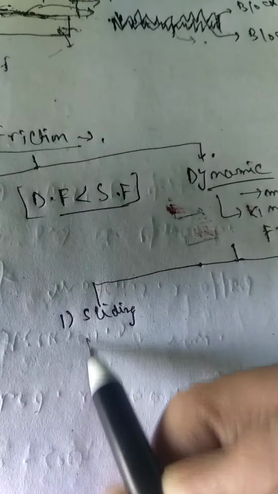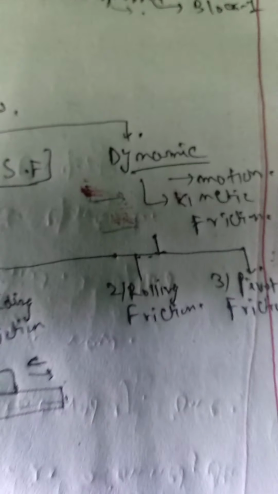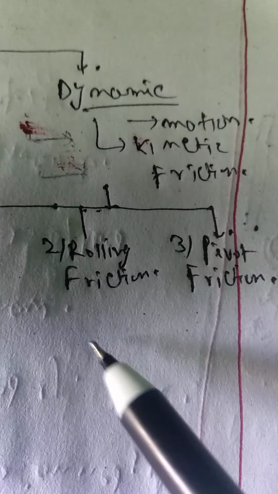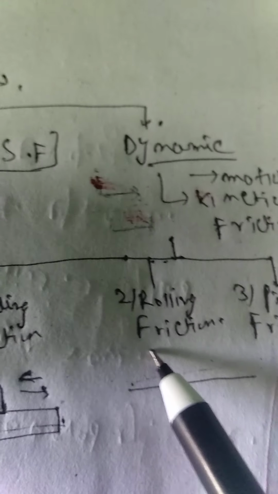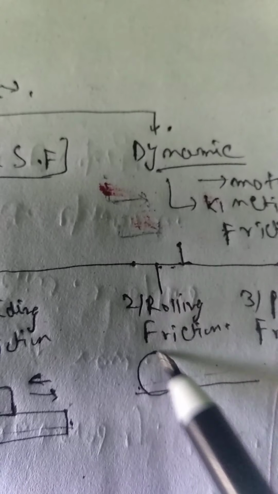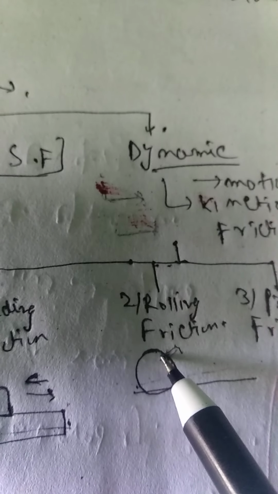Next is rolling friction. This comes into play when one body rolls over another body. A simple example is the road roller. You have seen road rollers during road construction.